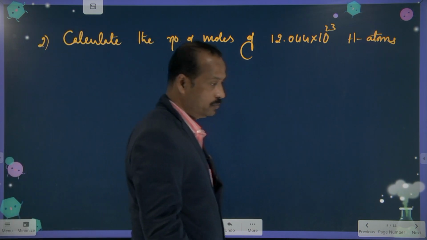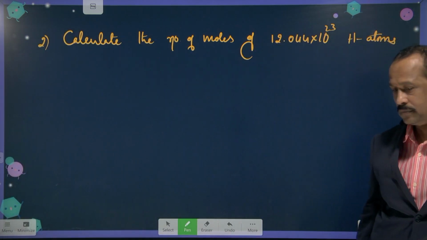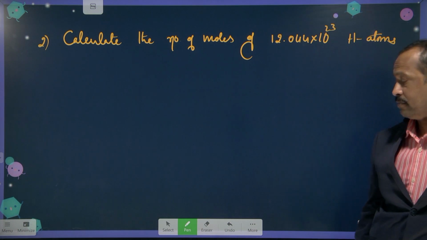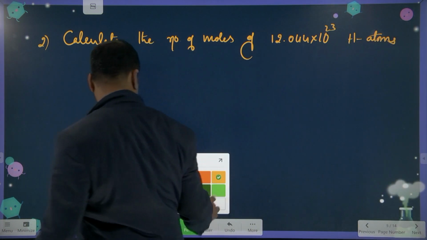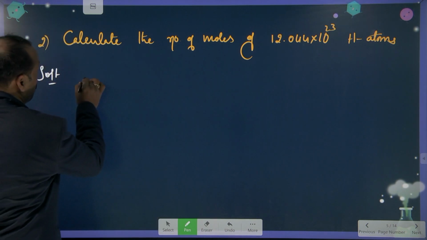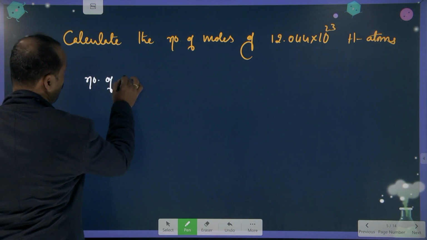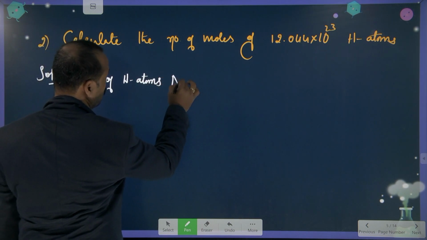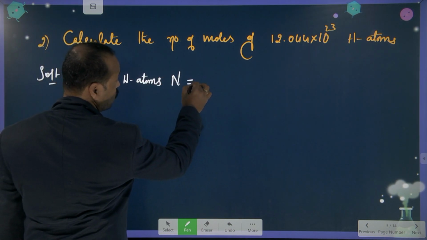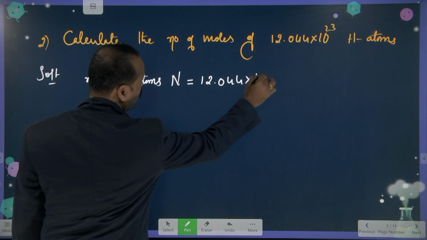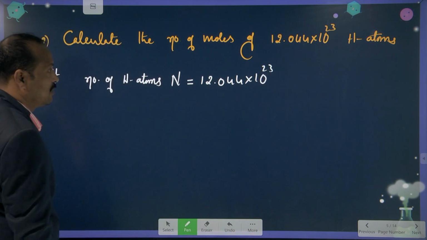So how can you calculate now? First you write what is given here. So solution. First you write number of hydrogen atoms, denoted by capital letter N, is equal to 12.044 into 10 to the power of 23. This is given.